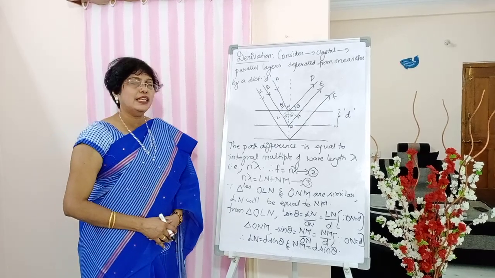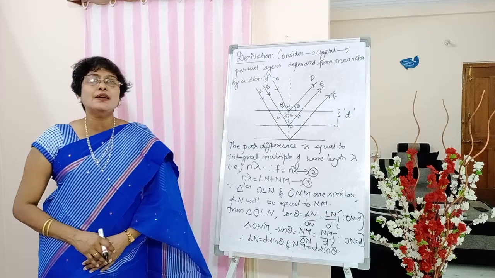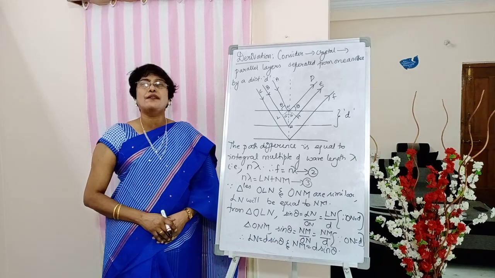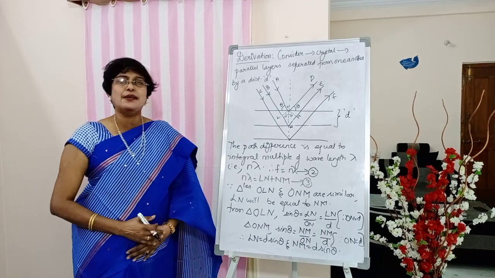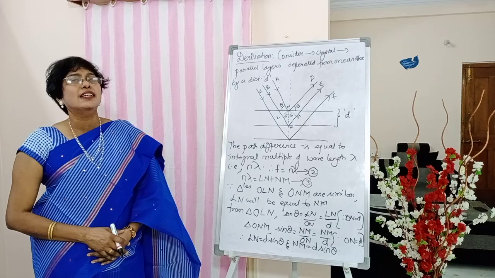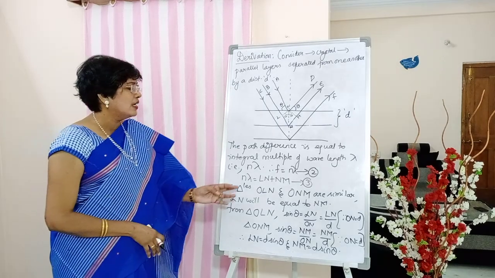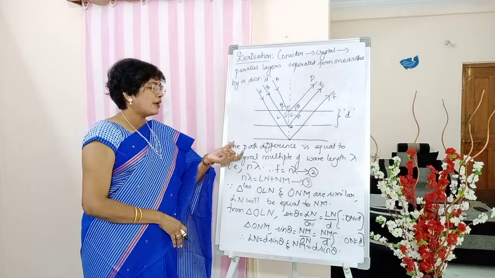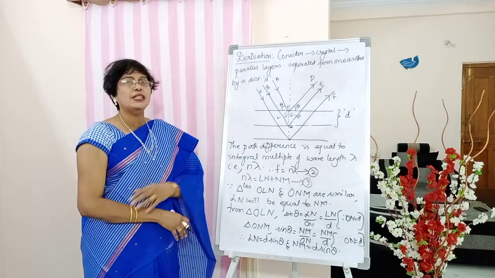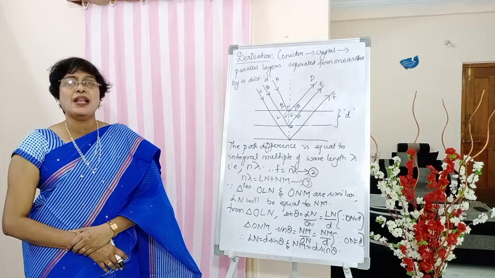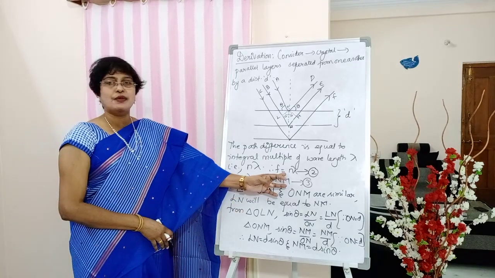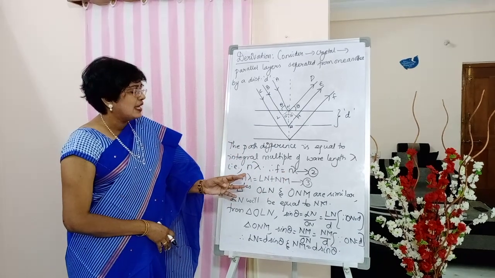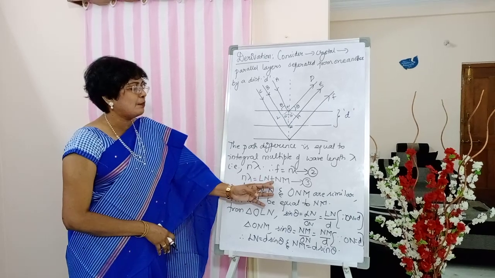What is the meaning of integral multiple of wavelength, students? Integer multiplied by wavelength, we take it as n into lambda. Therefore, F is equal to n lambda. From the diagram, F is equal to LN plus NM. Mark this as equation 2. So from equations 1 and 2, we can equate.